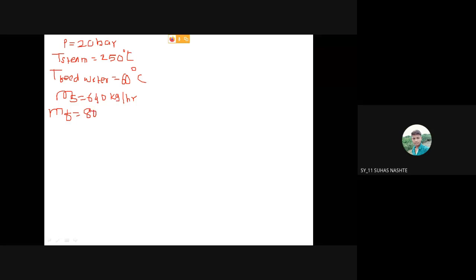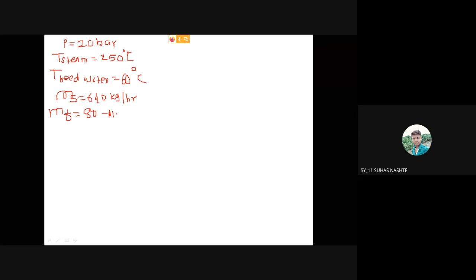Again, what is given? MS is equal to 640 kg per hour. MF is equal to 80 kg per hour.